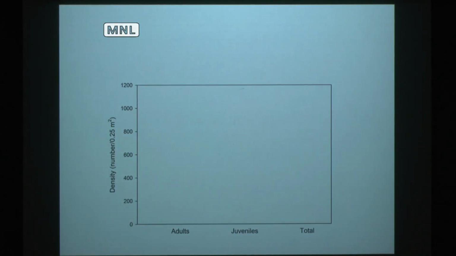So let's look at the results. We have on the y-axis density of oysters, and on the x-axis, we have adults, juveniles, and total density. So first, on the dark circle, we have densities of oysters on reefs, and we see that adults and juveniles were similar.